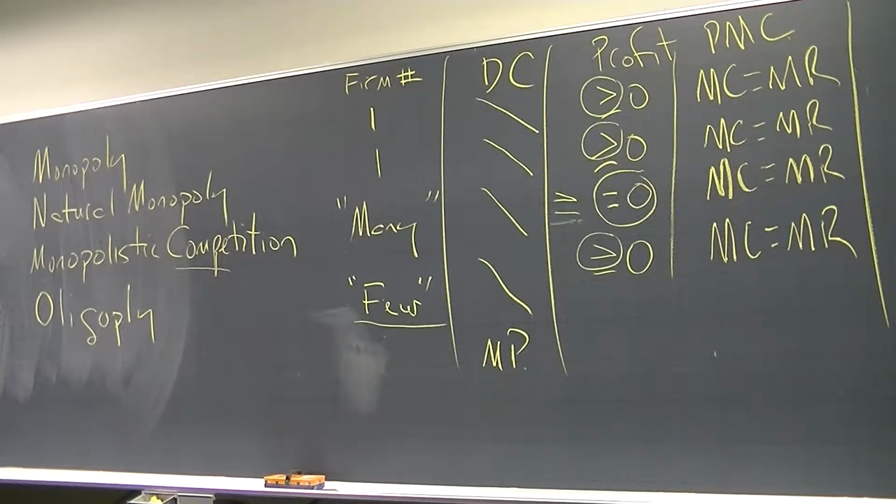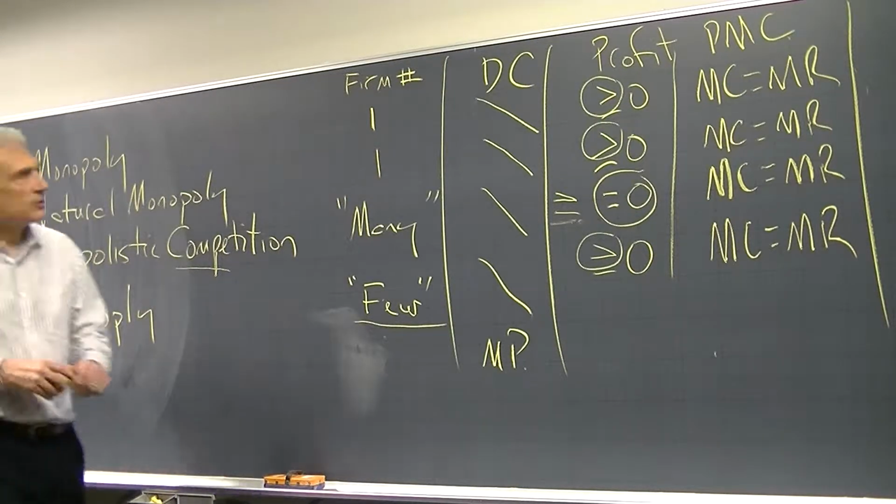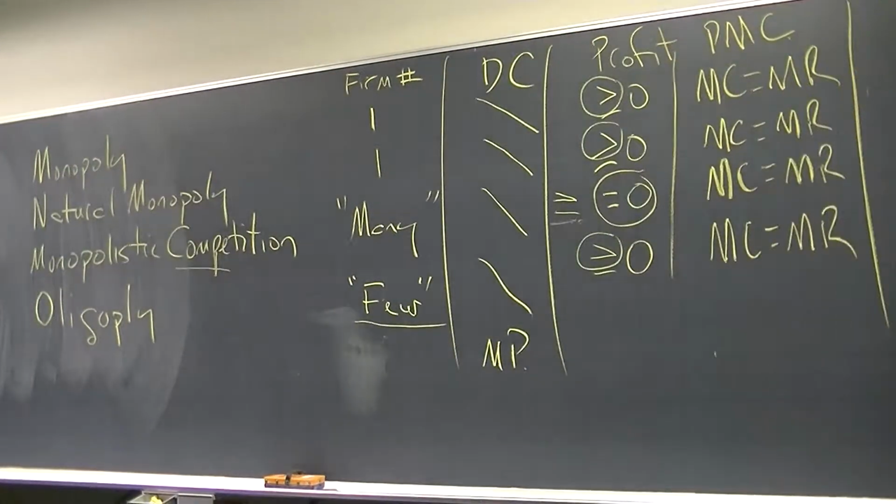What is the difference between the market outcome and the outcome under perfect competition? The difference under monopoly is the difference of price and output.